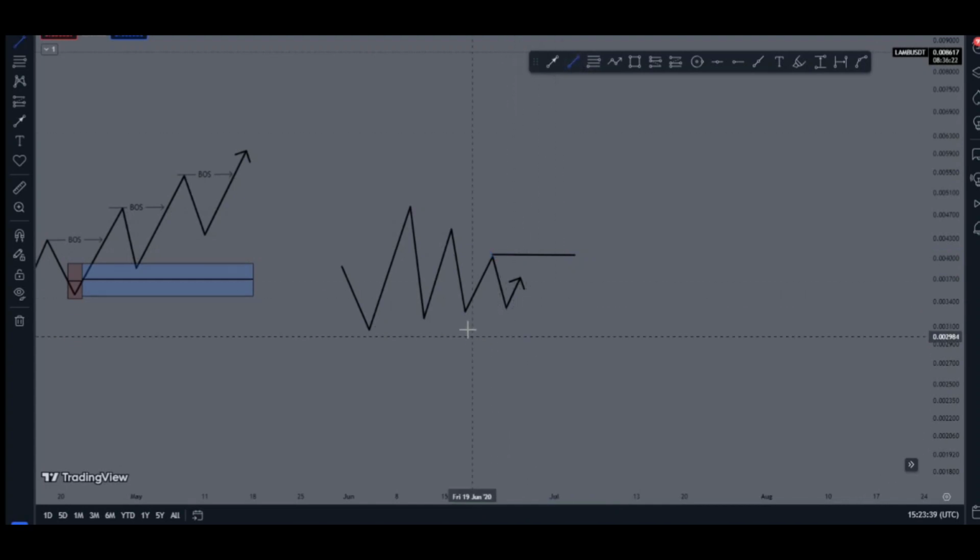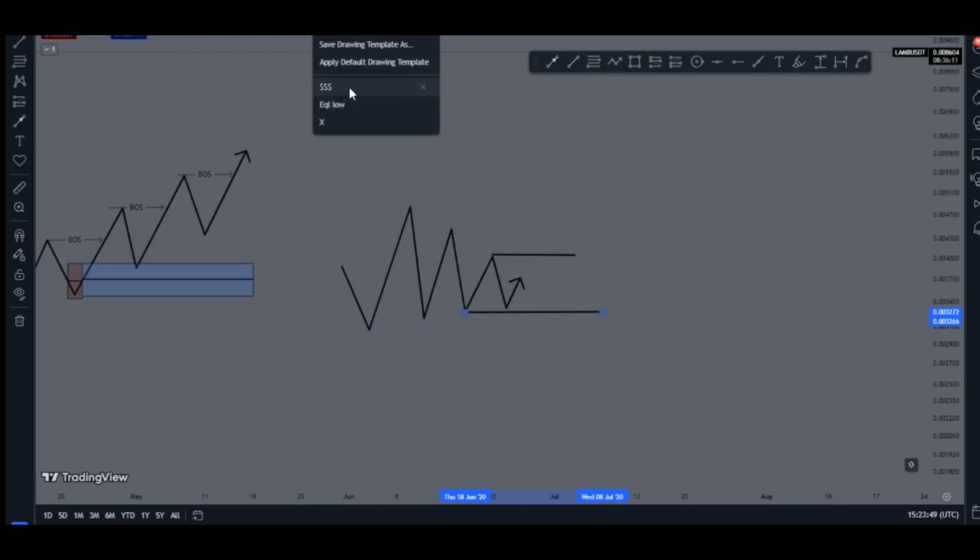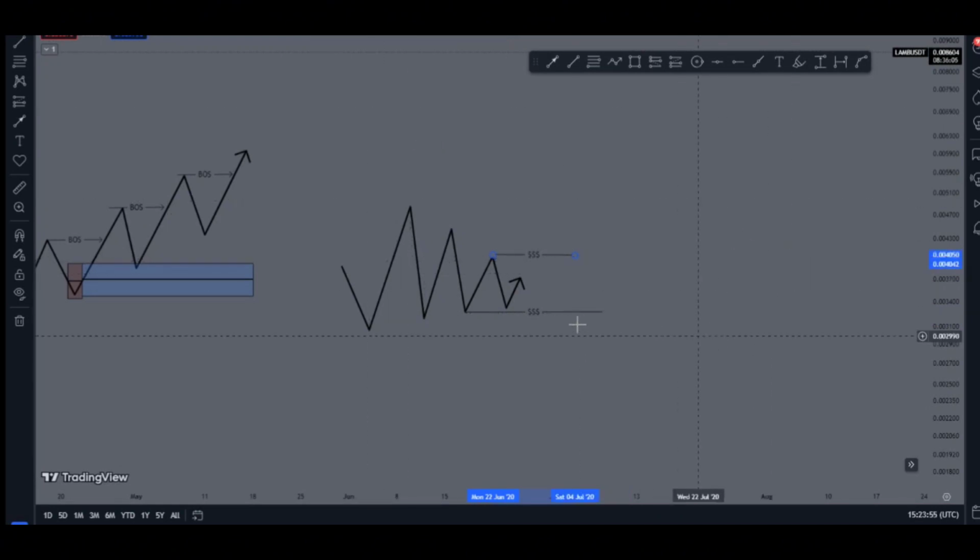I will show you how you can also use liquidity to know your correct zone, your perfect zone in the market. Let's mark here as our liquidity zone, here as our liquidity zone, and here as our liquidity zone. And the market broke here.